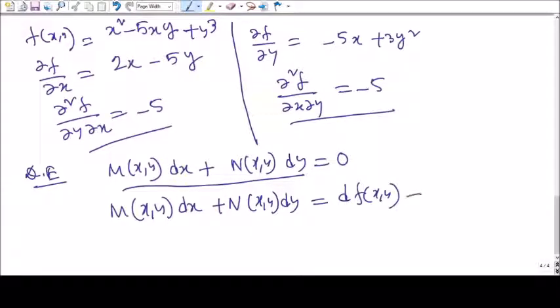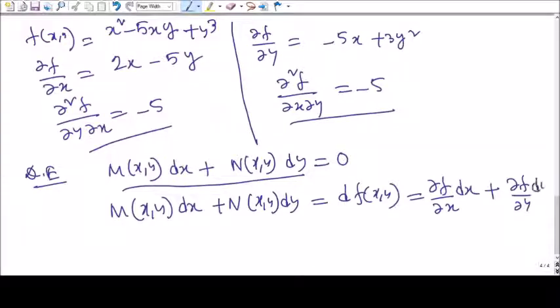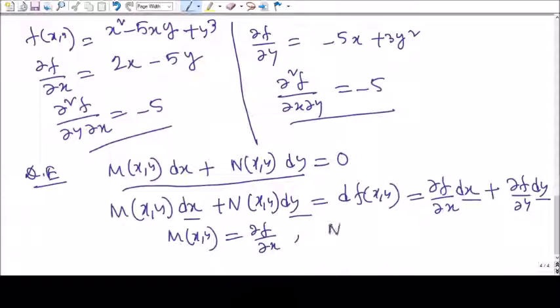So we can write it as ∂f/∂x dx plus ∂f/∂y dy. Equating the coefficients of dx and dy, we can write M(x,y) equal to ∂f/∂x and N(x,y) equal to ∂f/∂y.